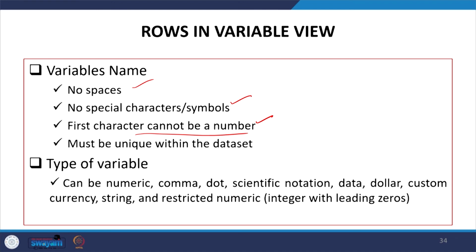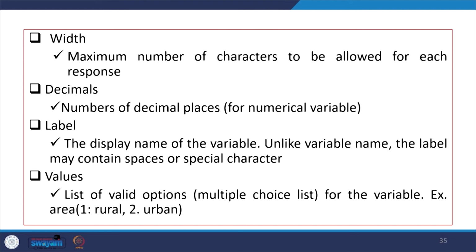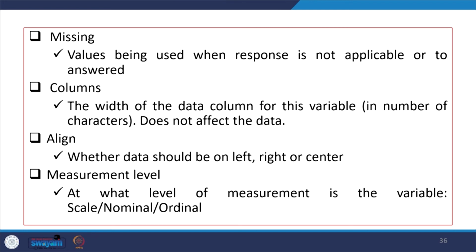The type of variable can be numeric, comma, dot, or maybe dollar, etc. The rest of the detail you will find out by your own operation. Width, decimal points, label, and values I have already defined to you.